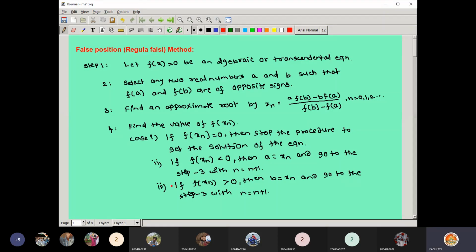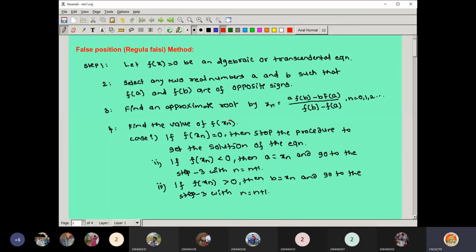Case number 3: if f of xn is greater than 0, then b equal to xn, and go to step number 3 with n equal to n plus 1.